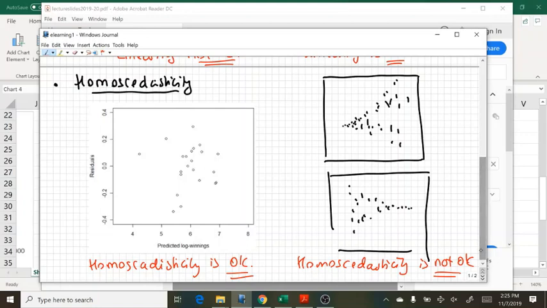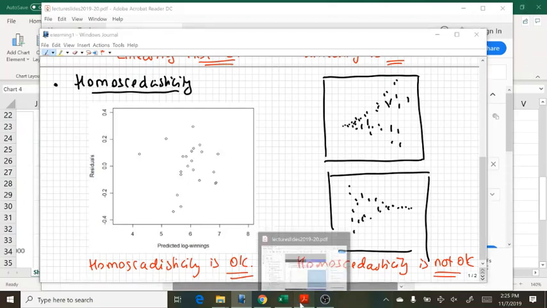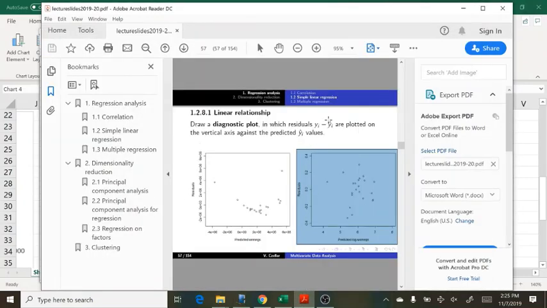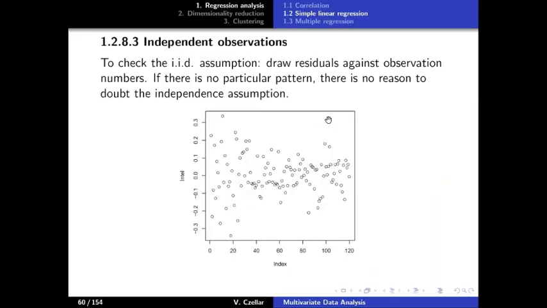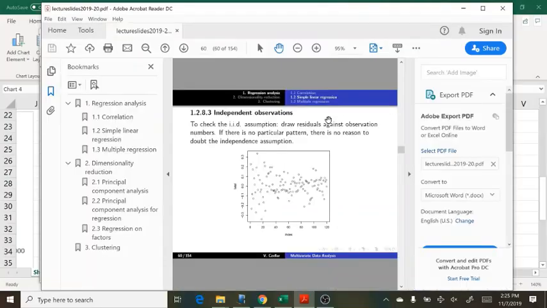Now, we were done with homoscedasticity. Let's move to the following assumption, which is independence of the observations, well, independence of the error terms. For this, I will plot the residuals against the observation numbers.